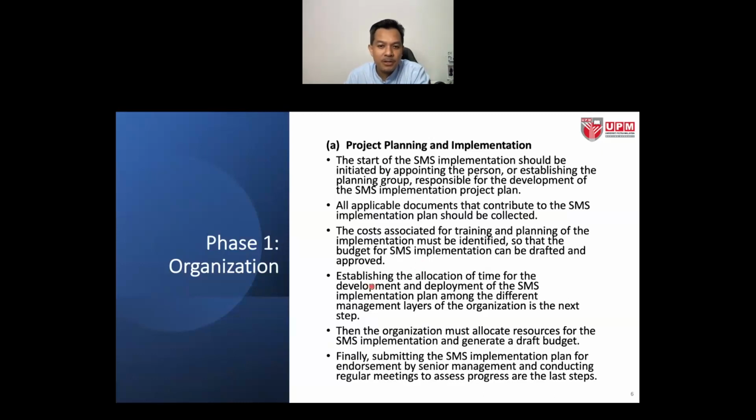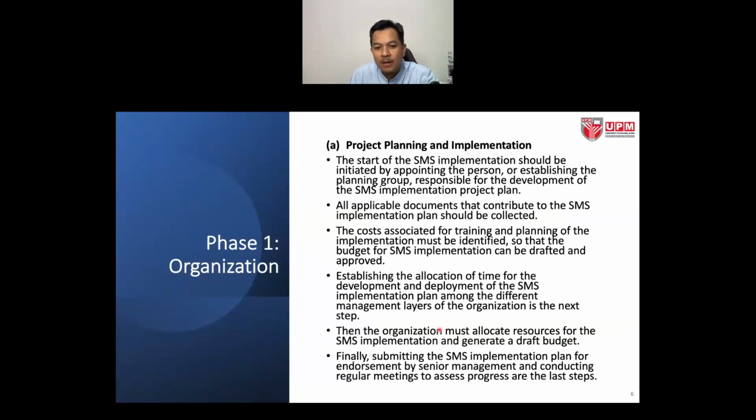Okay, establishing the allocation of time for the development, you have to set a timeline of the development as well as the deployment of the safety management system implementation plan among the different management layers of the organization. That is the next step. Then the organization must allocate resources for the SMS implementation and generate a draft budget.